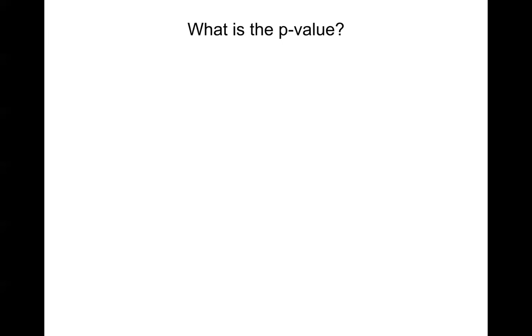Yep. The fraction of the time that what you observed, your actual data, could have occurred by random chance. It's all the times your data might just be total random noise.